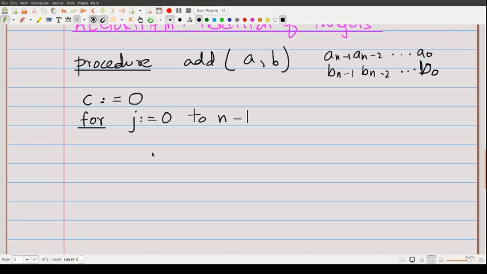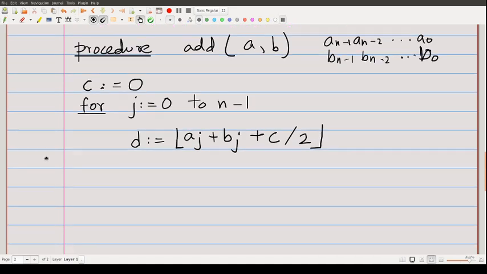We say we're going to add these two numbers. We're going to add a_j plus b_j plus c, and because we want to find the multiples of 2, because we want to find the digit, the way we'll do this is we will divide this number by 2 and we will floor it.